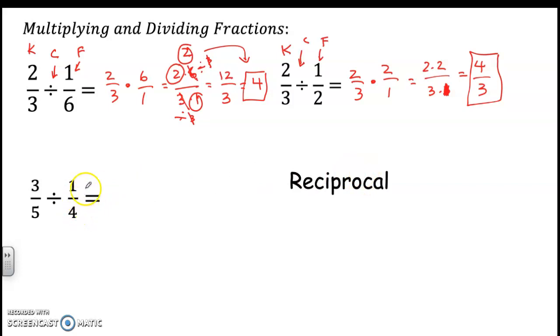What is the idea? I want to multiply my first fraction times the reciprocal of my second fraction. What's the reciprocal of the second fraction? Reciprocal means flip the fraction. The opposite. So the reciprocal of 1/4 will be 4/1.